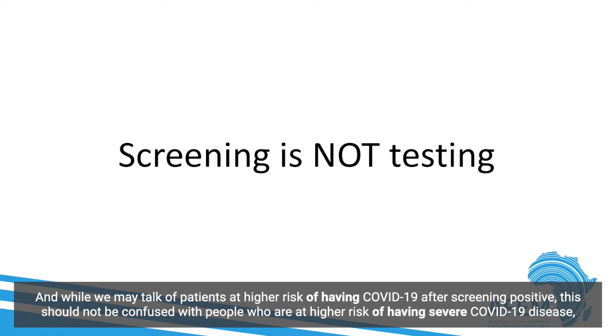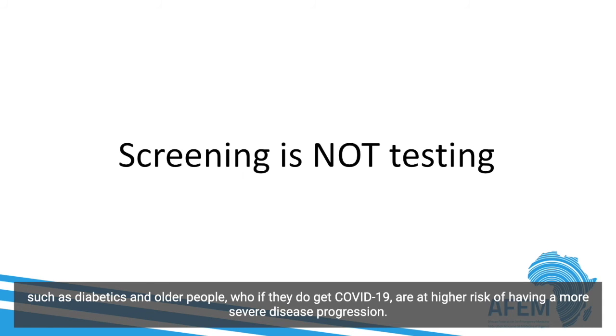And while we may talk of patients at higher risk of having COVID-19 after screening positive, this should not be confused with people who are at higher risk of having severe COVID-19 disease, such as diabetics and older people, who if they do get COVID-19 are at higher risk of having a more severe disease progression.